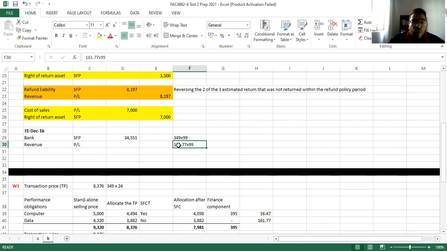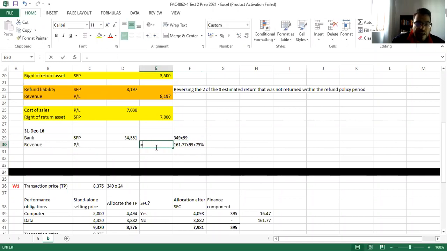So 161 multiplied by 99 contracts will give you the revenue for the data. But what do we know? Not all the data was used in month 1. Only 75% was used in month 1. So therefore, we must multiply this by 75% to recognize the revenue that we have earned in month 1.